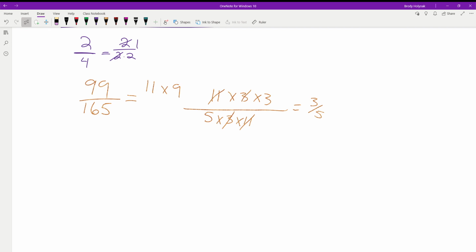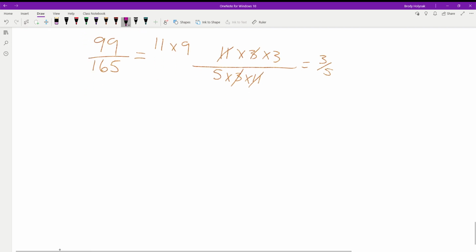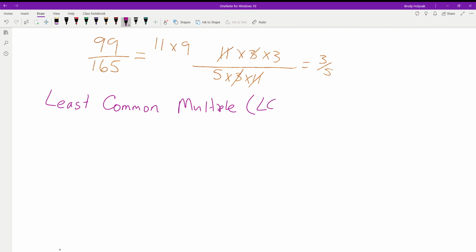Okay, the next method we're going to talk about is finding the least common multiple. Anybody know what the least common multiple is? Right?